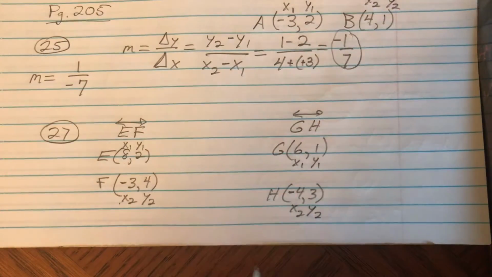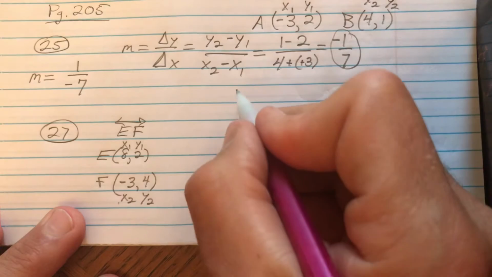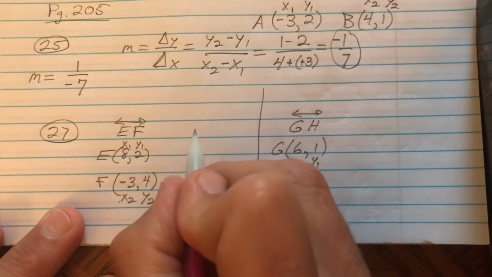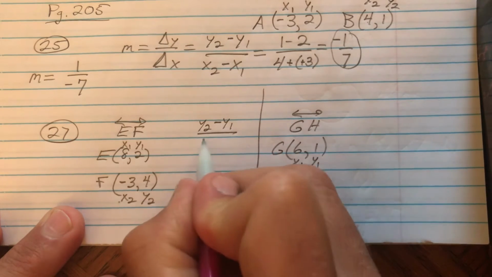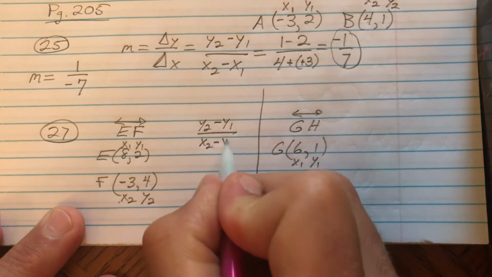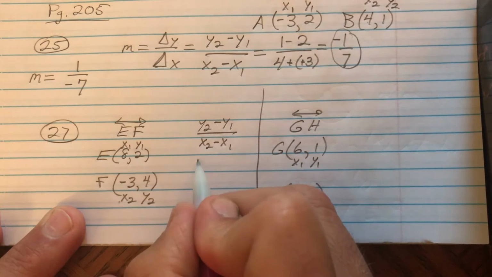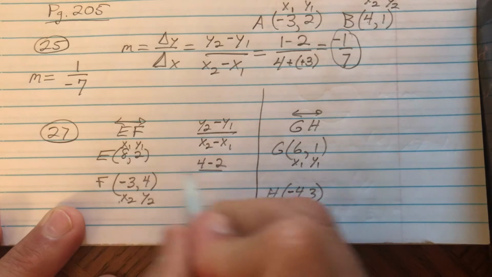I know it's a pain to write all this out, but it's definitely going to make sure that you get the right answer. So we have two tests. Let's find the slope of EF. So we're going to do y2 minus y1 over x2 minus x1. So the y2 is 4, y1 is 2, so 4 minus 2 over negative 3 minus 8.